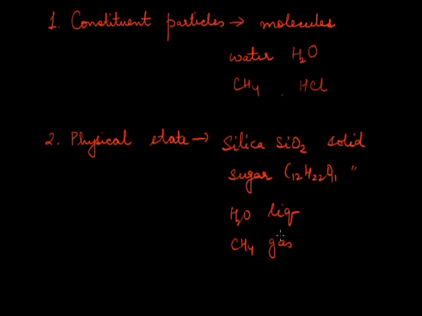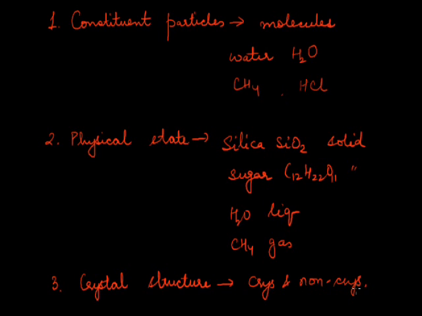So covalent compounds occur in all the 3 states at normal temperature and pressure: solids, liquids as well as gas. The next property of covalent compounds is crystal structure. This property will be applicable only to the covalent compounds which are solid in physical state. And covalent compounds exhibit both crystalline and non-crystalline or amorphous structures.